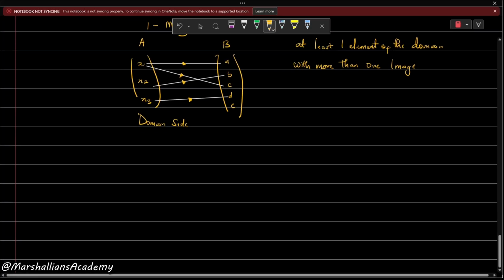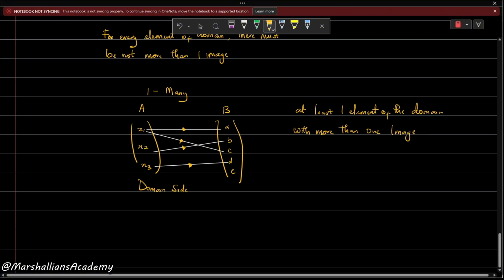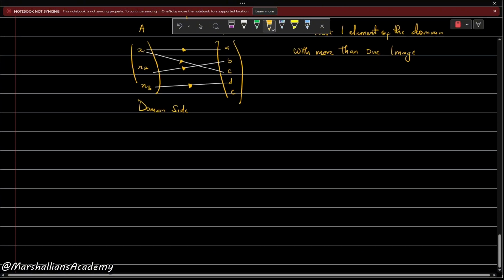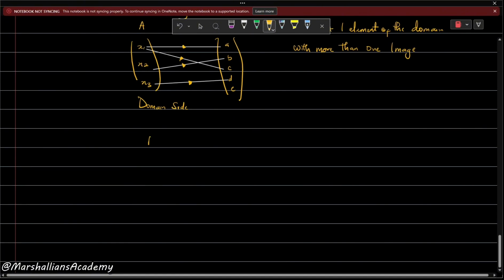And we can also invert this and have a many-to-one relationship, or a many-to-one relation. How would that look?